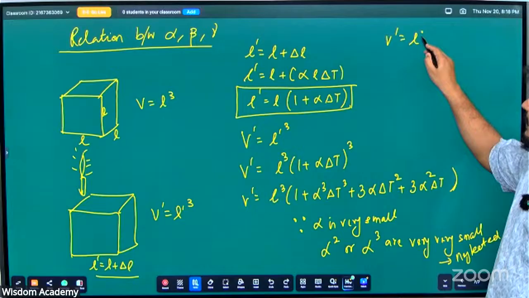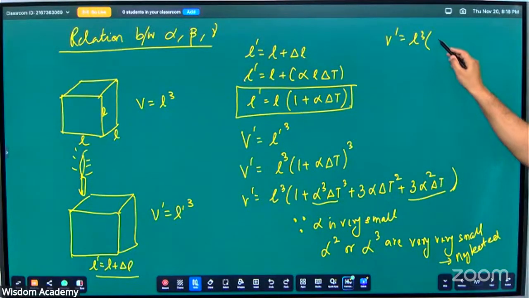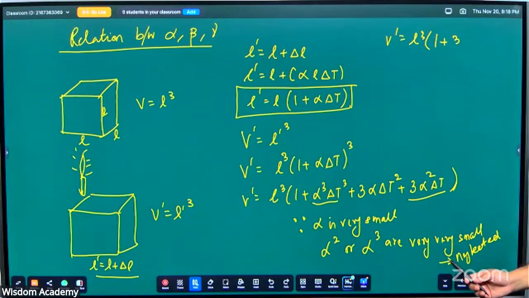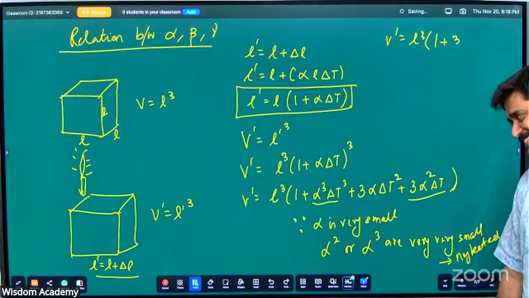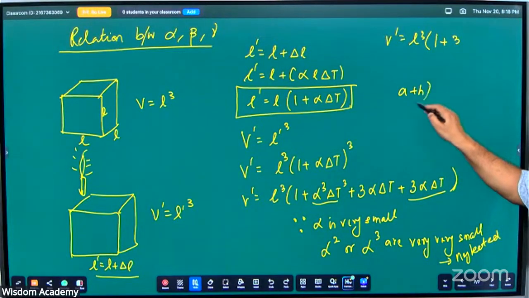V dash became L cube. This term will be neglected. This will be neglected. What am I left over with? 1 plus A cube plus B cube. I wrote correctly, no? Why is A plus B the whole cube what here?